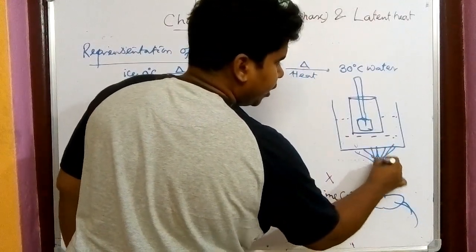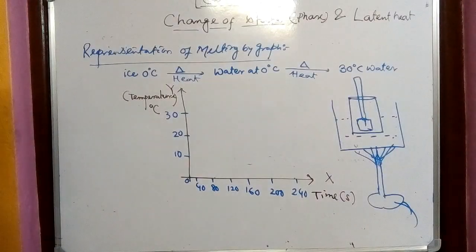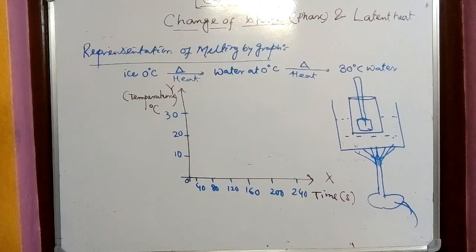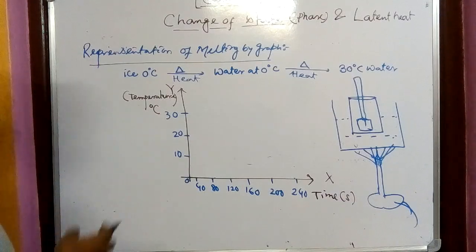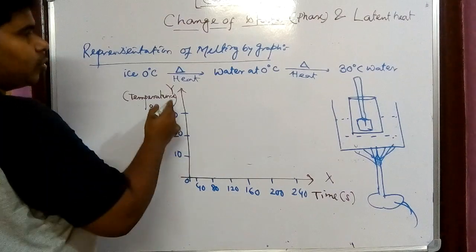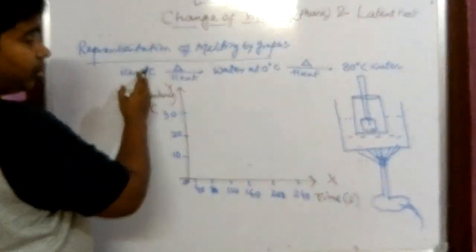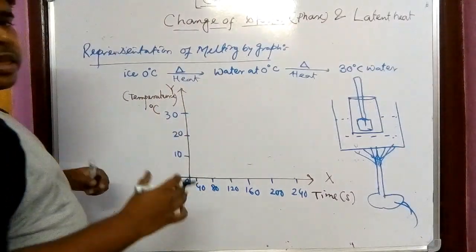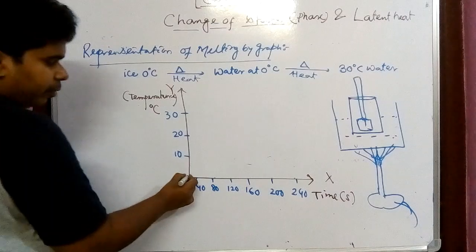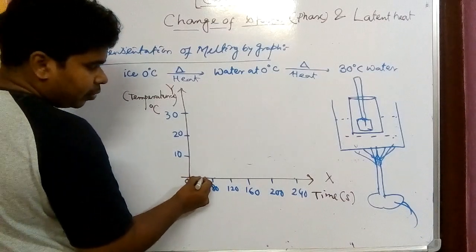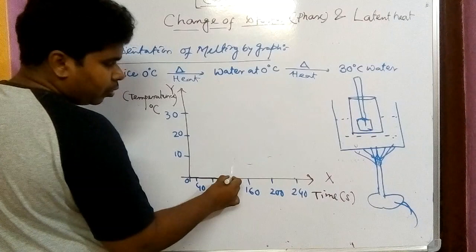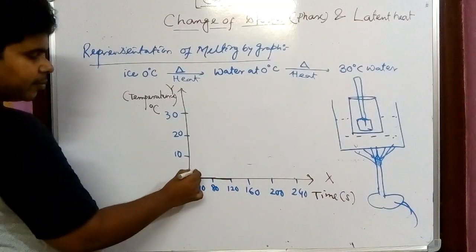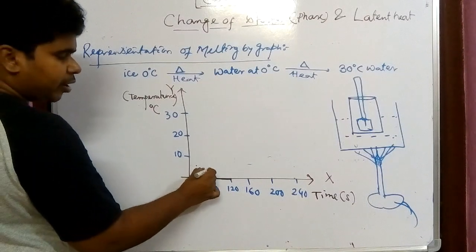If we directly heat the beaker, there is a chance it can be broken, because it is made of glass. So whenever ice is at 0 degree centigrade and you give heat energy, the 0 degree centigrade ice is converted into 0 degree centigrade water. See, the temperature is not increased. If I start from here, assume up to 2 minutes, that is 120 seconds, the ice is converted to water.